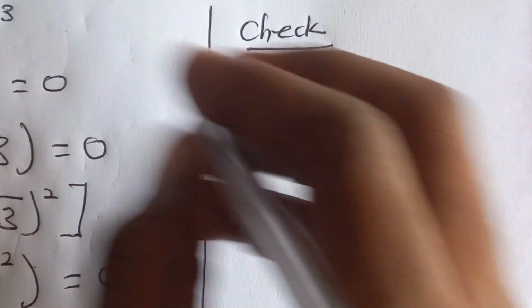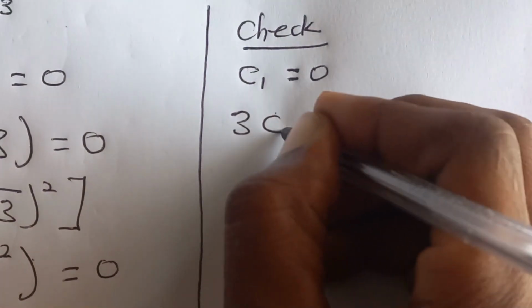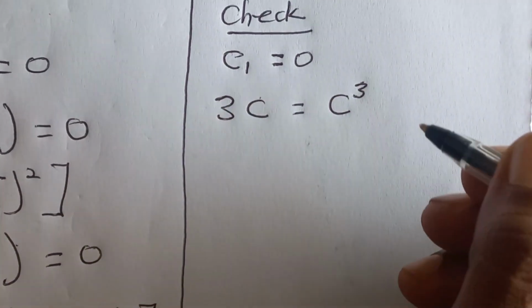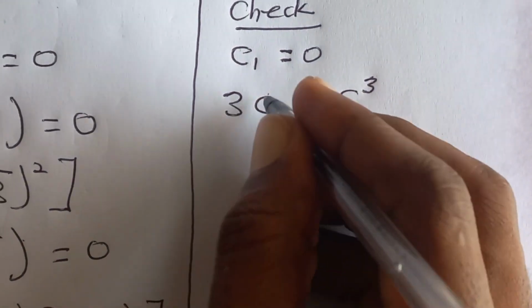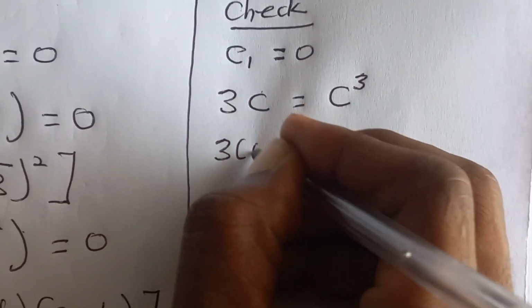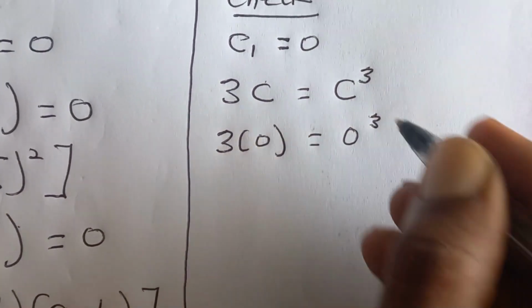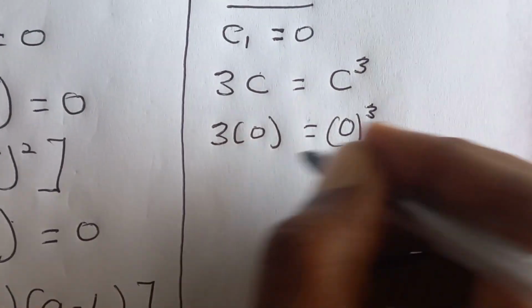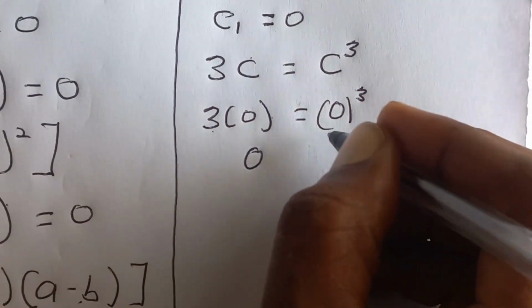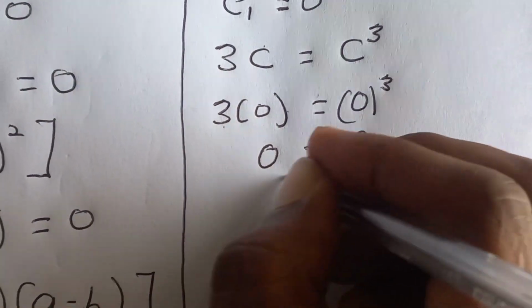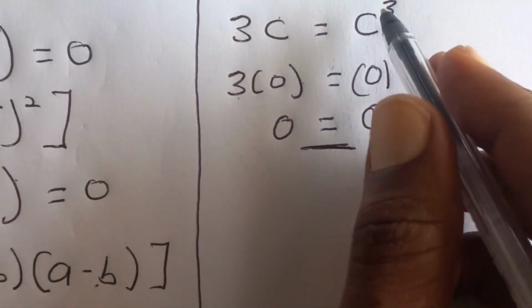We are saying that we have 3c = c³. Now c is 0, so 3(0) = 0³. 3 times 0 is 0, and 0 exponent 3 is 0. So it means that indeed c1 = 0.